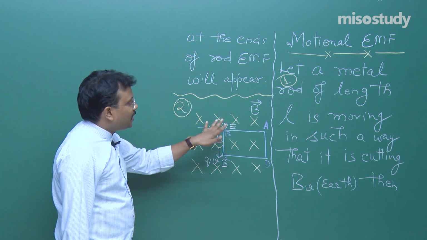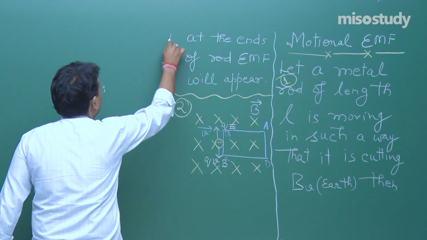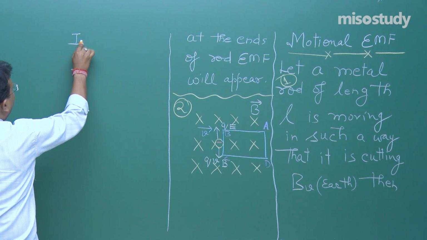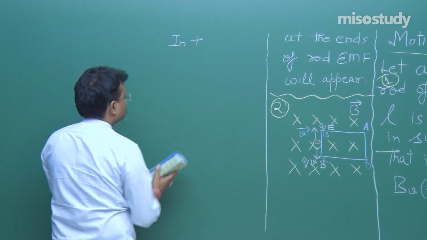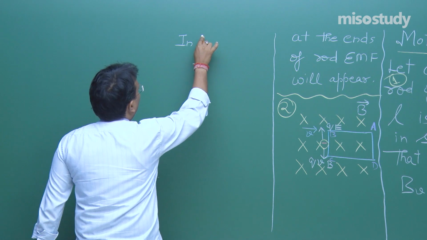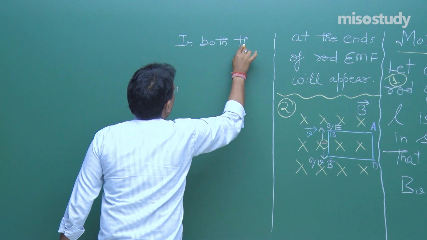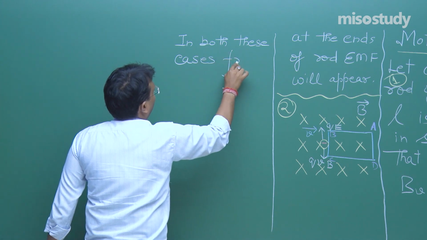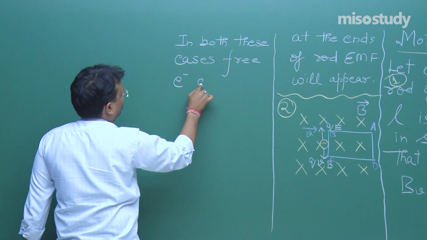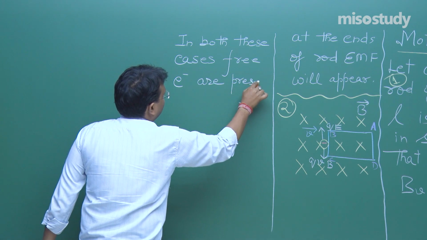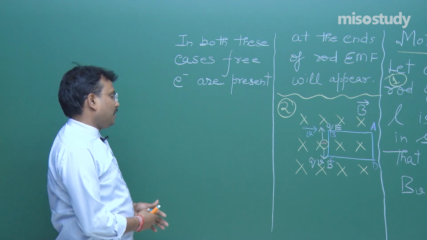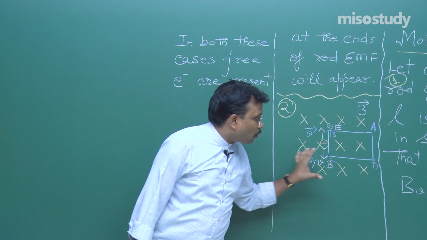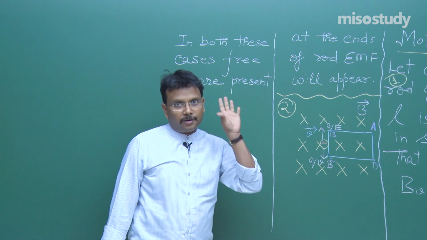we are clear that free electrons are available. In both these cases, free electrons are present, and you can say the velocity of these free electrons is similar, with which either this coil is moving or that metallic rod is moving, fine.